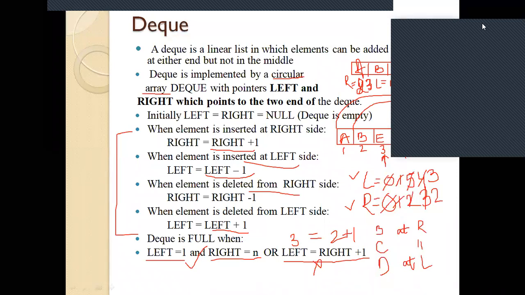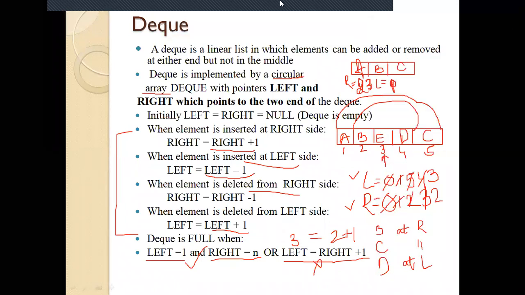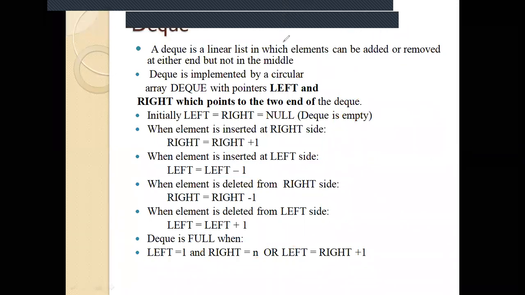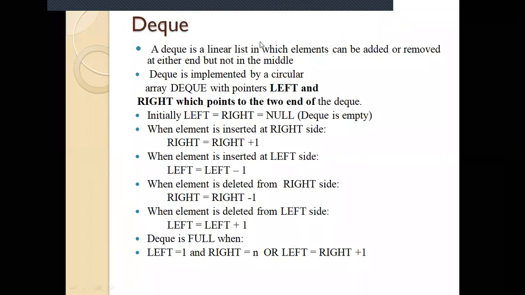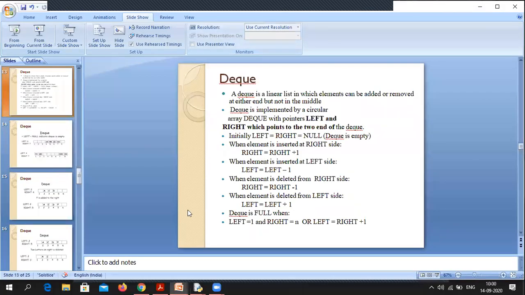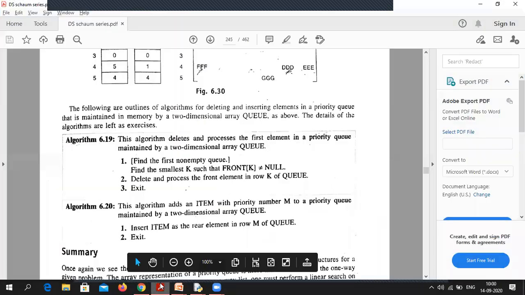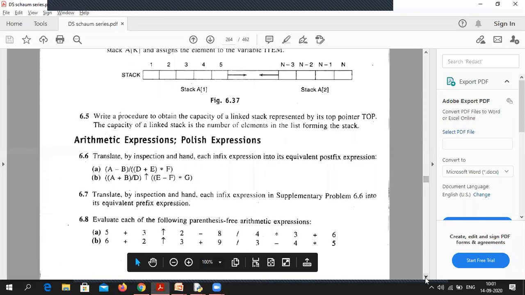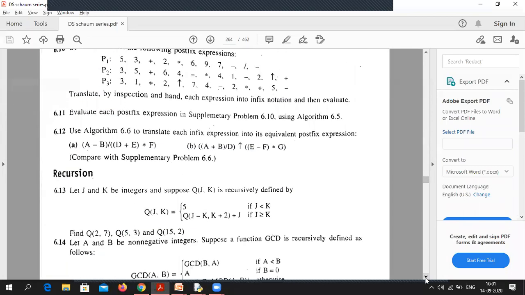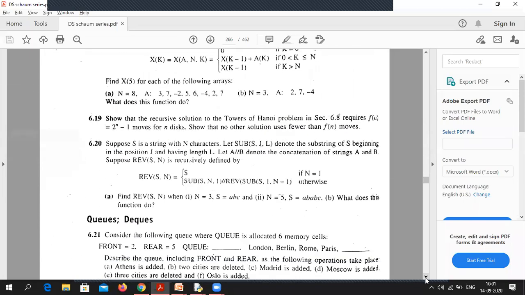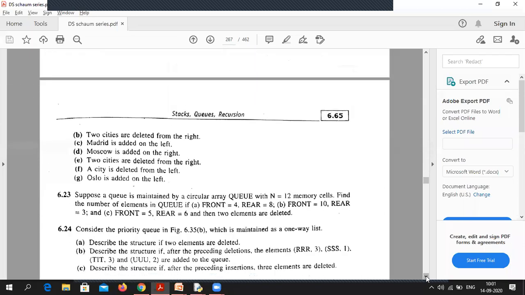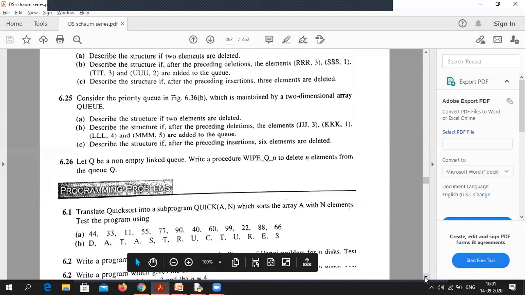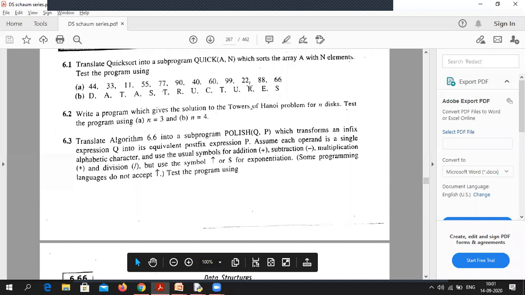So I will take one more example from your book. It's given in your exercise. Exercises of this book is very good. Just go through all these questions, or just see simple circular queue questions, then stack questions are there, quick sort. Just see this one also.